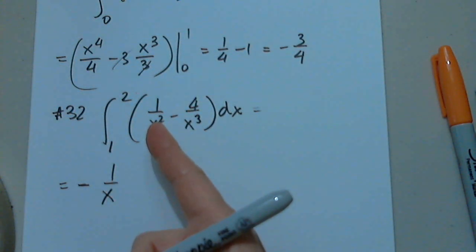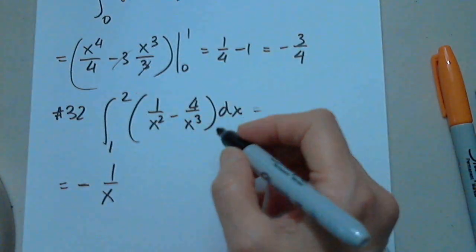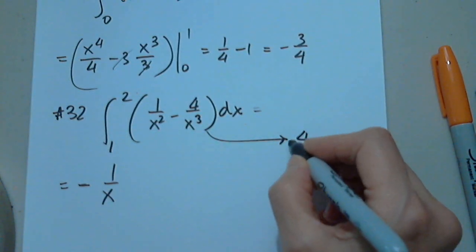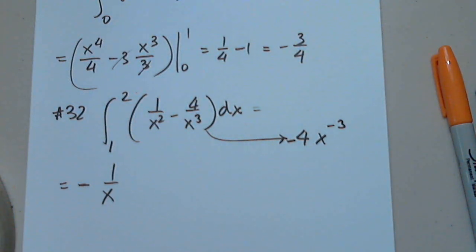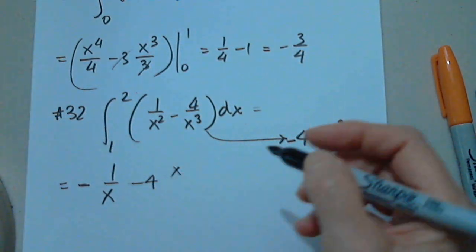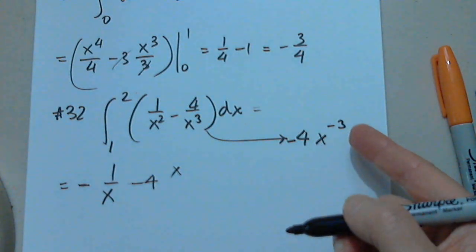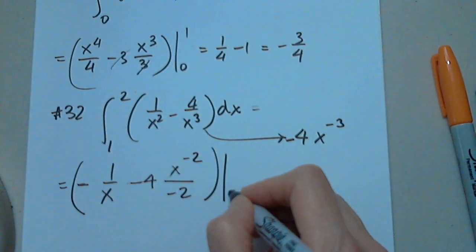So now the integral of this. This one I will have to change into 4, minus in front, x to negative 3. That is recommended. So then I will have negative 4, and then I have x to negative 3 plus 1, which is negative 2, over negative 2, from 1 to 2.